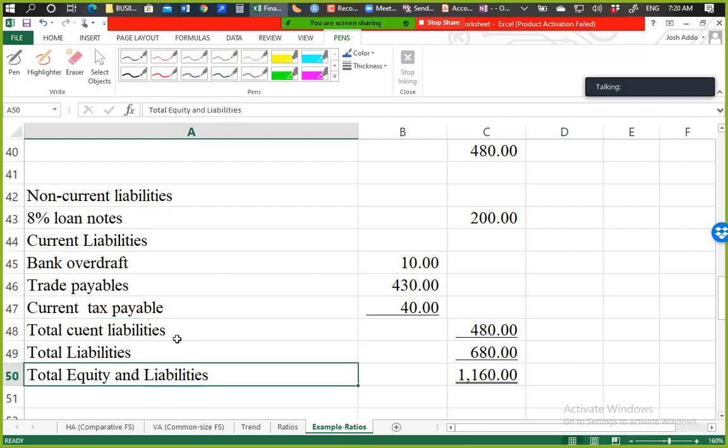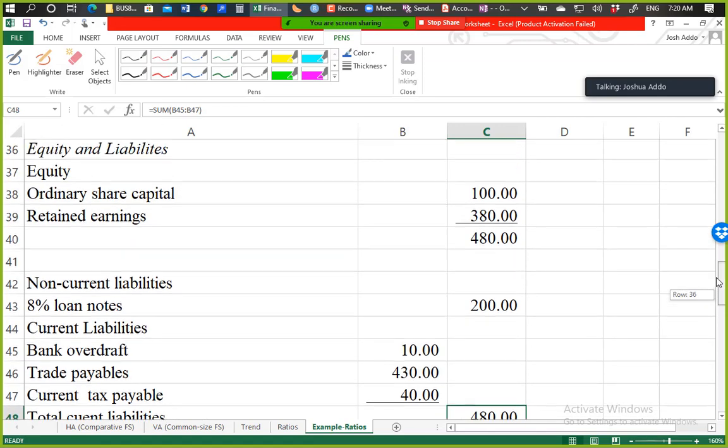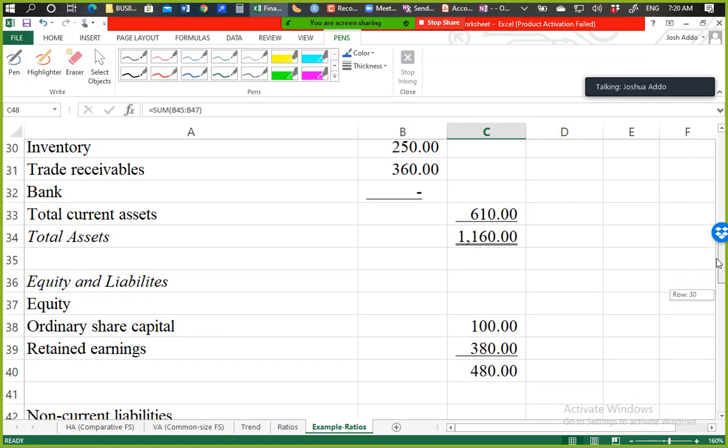Okay, don't worry. We have total current liabilities as the sum of all the current liabilities. So we can pick this figure. This is the figure we need. We need this figure to subtract from our total assets of 1160 to get our capital employed.